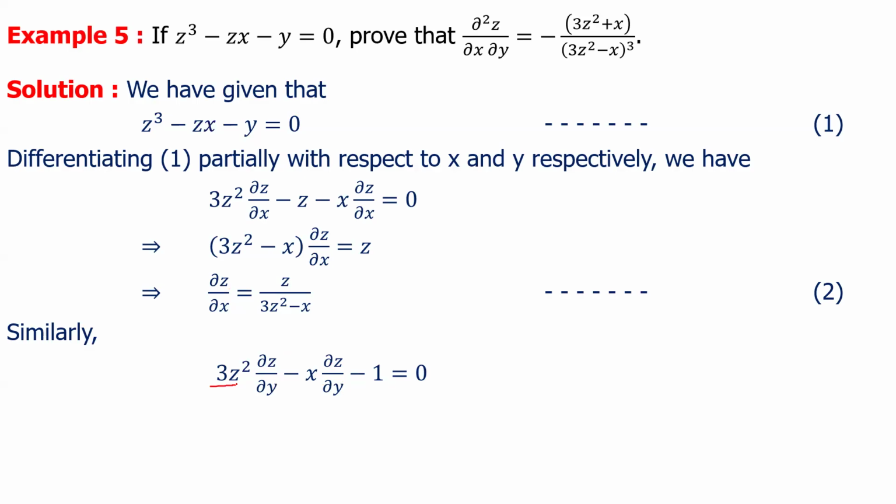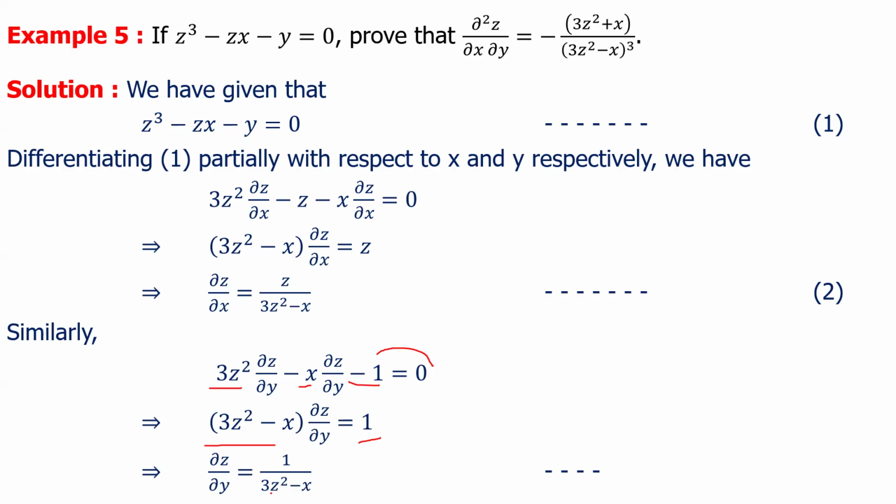Here again we can take del z del y as common in the first two terms. So we can write down 3z square minus x into del z del y, and this minus 1 goes to the right hand side and will become plus 1. So what is the value of del z del y? It is nothing but 1 upon 3z square minus x. Let us give it equation number 3.